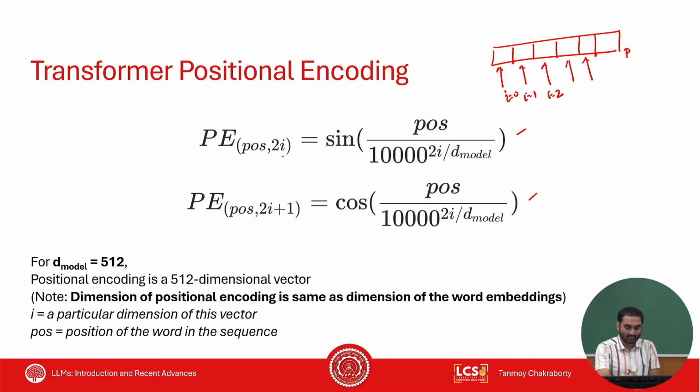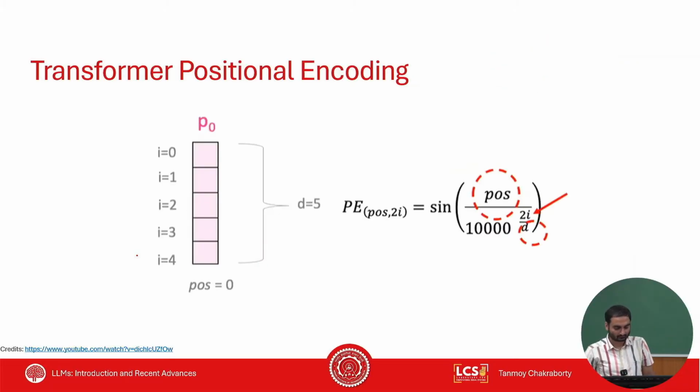So i denotes the element within the vector, pos is position, so position 1, position 2, position 3 and so on. And d_model is basically the model size. In this case the model size is 512. Now the model size is already fixed, it's a constant. Position is also fixed, we know the position, and i is also fixed, and we see how we can use this.